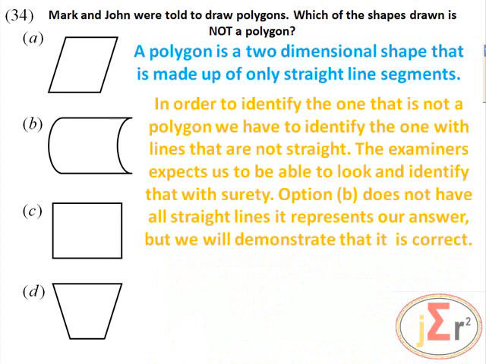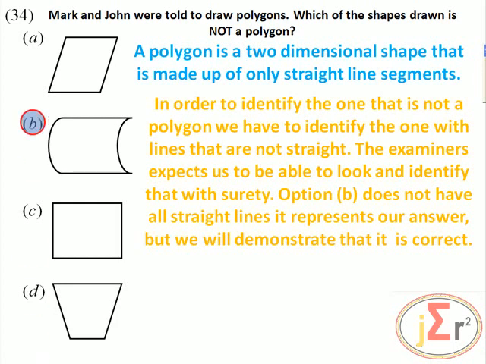In order to identify the one that is not a polygon, we have to identify the one with lines that are not all straight. The examiners expect us to be able to look and identify that with surety. Option B does not have all straight lines. It represents our answer, but we will demonstrate that it is correct.